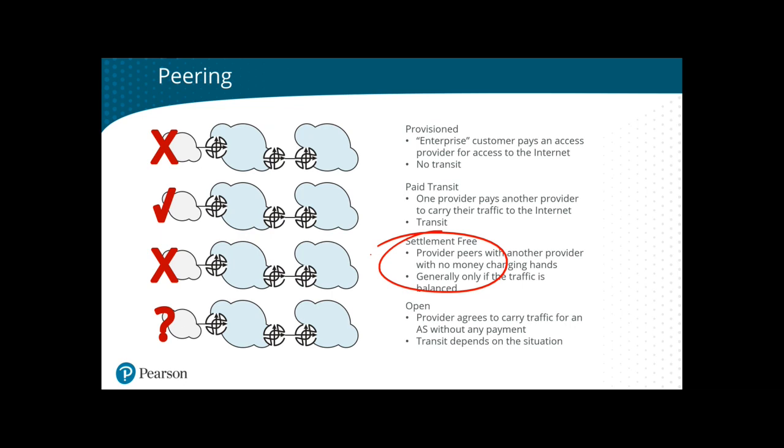usually means that a provider peers with another provider when no money changes hands. When one provider pays another provider or a customer pays a provider, that is called settlement, in the parlance of the DFZ, of the provider world. So settlement free just means I'm going to peer with you and we're going to exchange traffic, but because we have equal amounts of traffic going to one another, we'll call it settlement free.